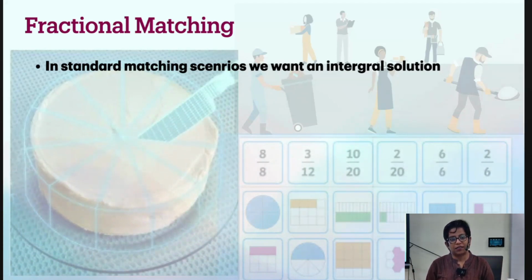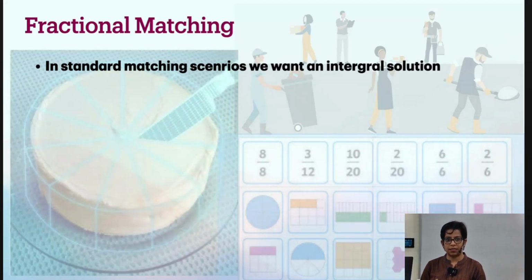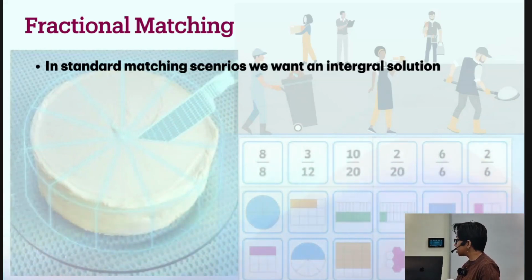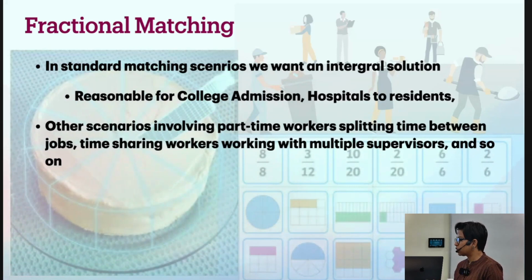Now there are other situations where we are still talking about matching, in the sense that we want to assign agents to resources, but this integral aspect of the assignment is taken away. The most obvious real-life example is part-time workers. People who have an 8-hour work day, but are not assigned to one job.